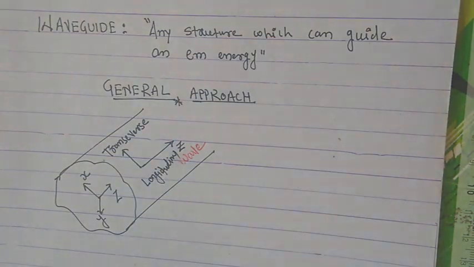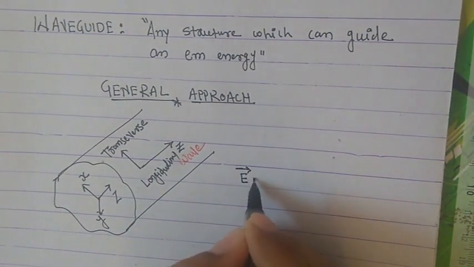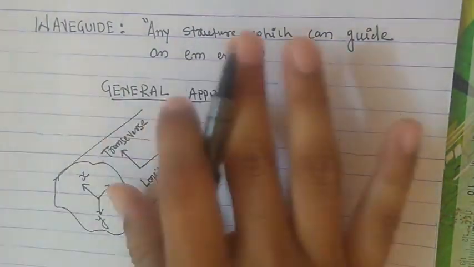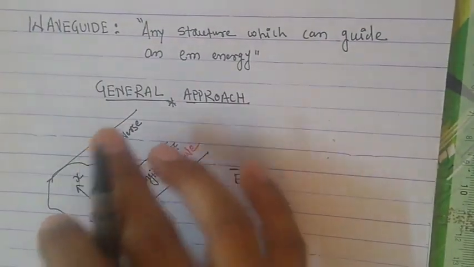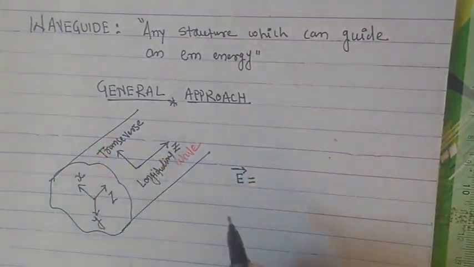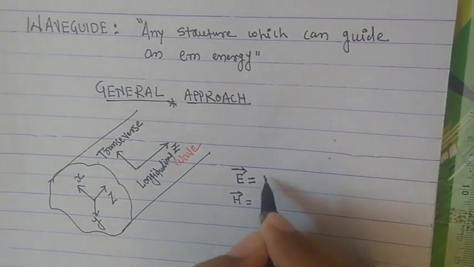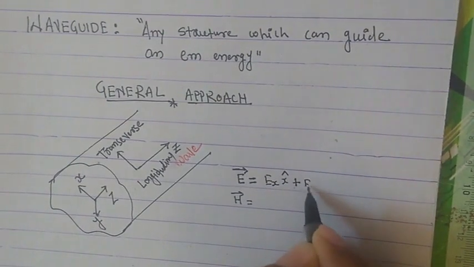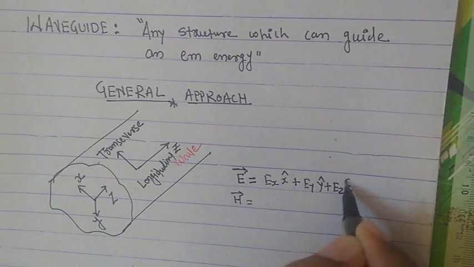What I mean here, from our previous class, is that we can resolve the electric or magnetic field. Since the wave is propagating through this particular waveguide, and this is an electromagnetic wave made up of electric and magnetic fields, we know that E can be resolved into its components in the x, y, and z directions.